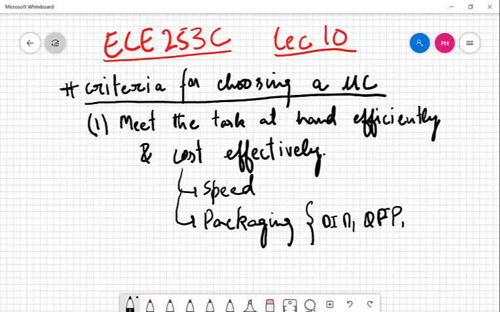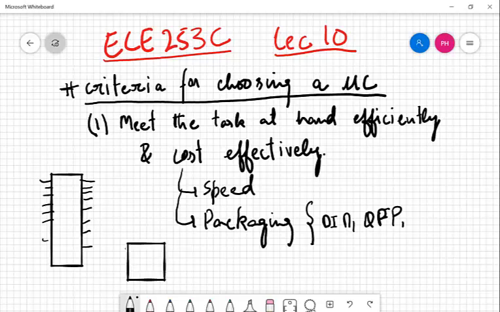This is very important because in some applications the DIP package is something like this. We have a rectangular IC and we may have pins on both sides. On the other hand, a quad flat package is something like this. In some applications, due to space constraints, we may be using a quad flat package.